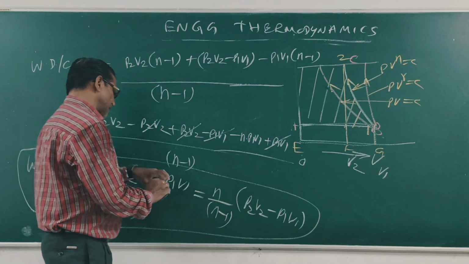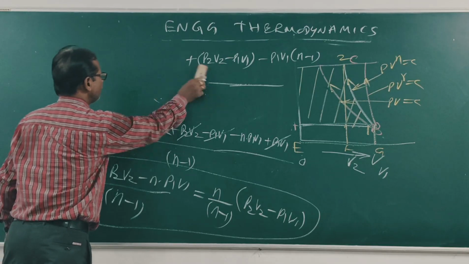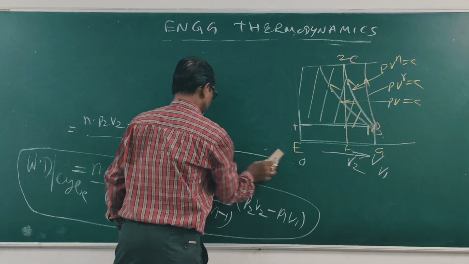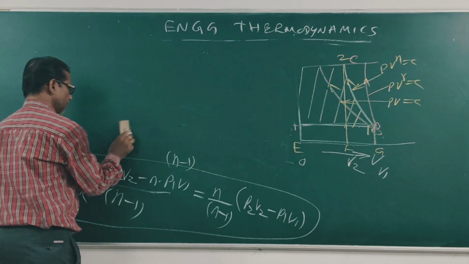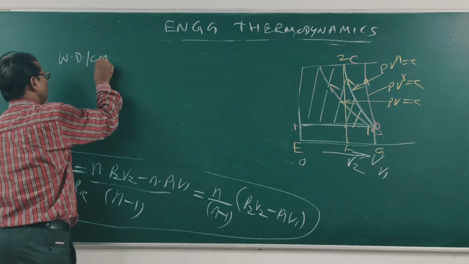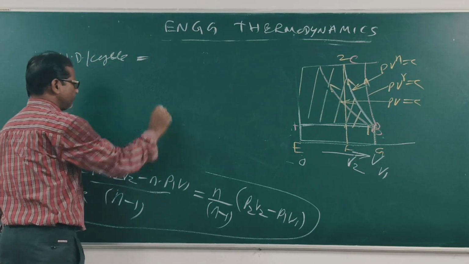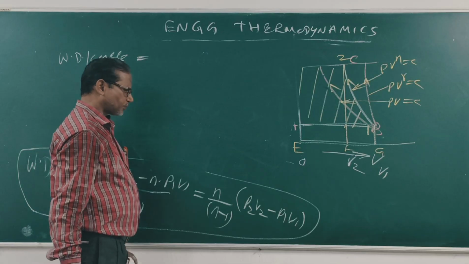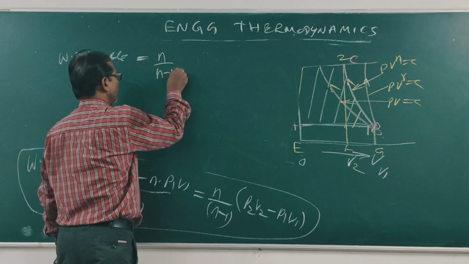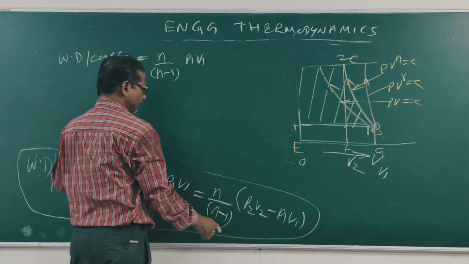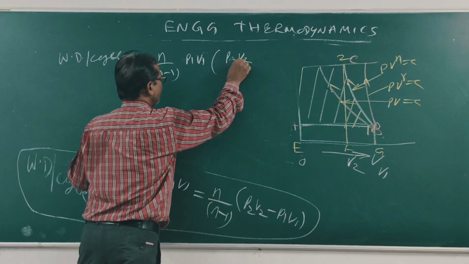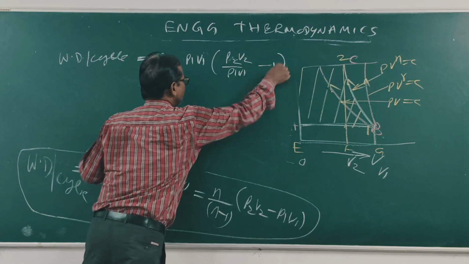Or this can also be written as work done per cycle is equal to n by n minus 1 into P1 V1 common, P2 V2 by P1 V1 minus 1.